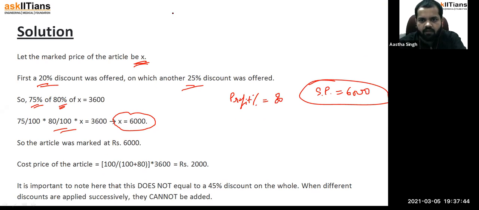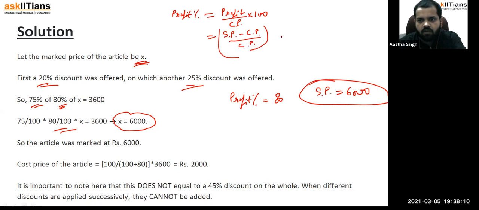I'm just writing here: profit percentage is profit divided by cost price, multiplied by 100. So your profit is selling price minus cost price, divided by cost price, multiplied by 100.